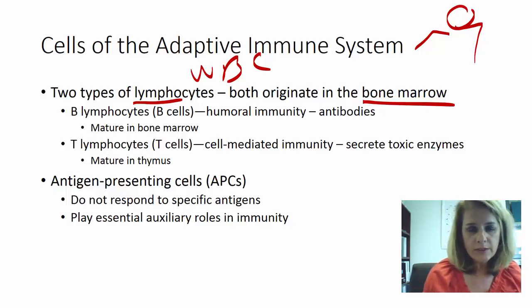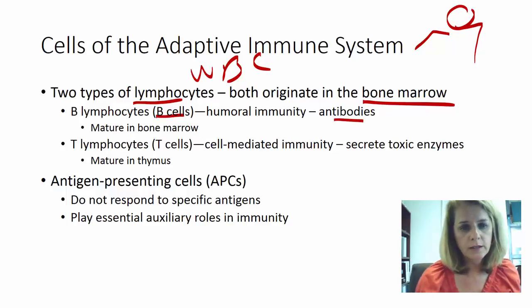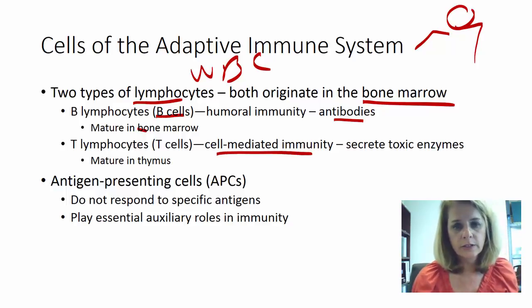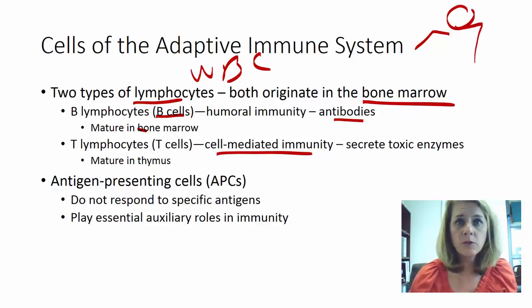Now, the B lymphocytes, we call those B cells. They're for humoral immunity. They make antibodies, and they mature in the bone marrow. That's why they're called B cells: bone marrow. The T lymphocytes, or T cells, that's cell-mediated. I call those killer cells. They secrete toxic enzymes that can kill other pathogenic cells, and they mature in the thymus, so T cells for thymus.